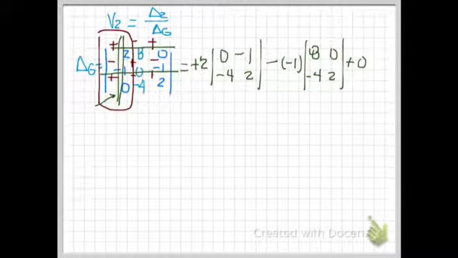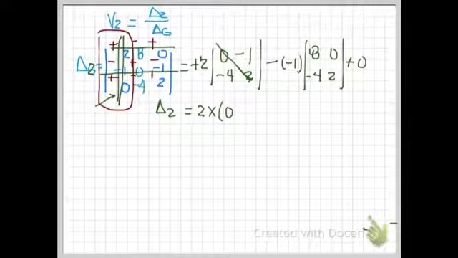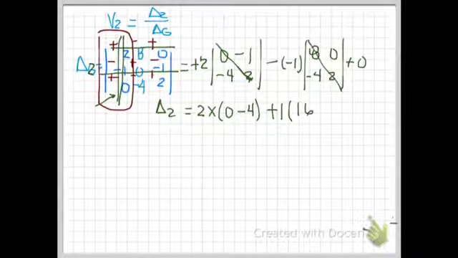So delta 2 is going to be equal to the number 2 multiplied by 2 times 0, which is 0. This is negative 4, and then minus and minus is plus 1, and this is going to be multiplied by 8 times 2 is 16, minus 0, plus 0.